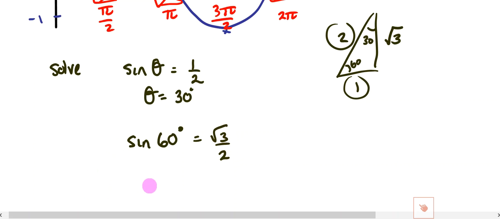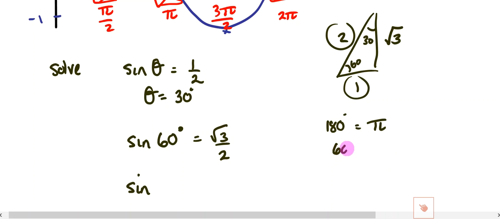What if I said to you sine of, what would it be? Change 60 into radians. So, 180 degrees is pi radians.